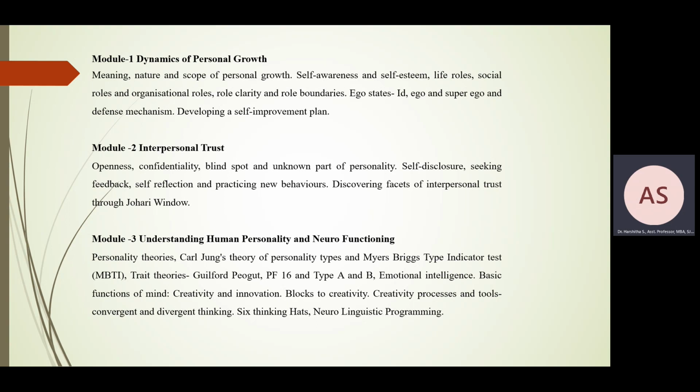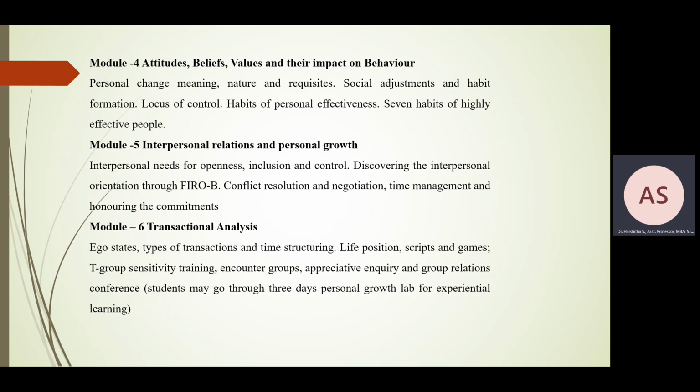In module 4, we'll be learning about the values, beliefs, or attitudes in a particular individual, which affect the behavior and attitude of that individual, and how well he can adjust to society with these characteristics. In module 5, we'll be learning about interpersonal relations which affect personal growth.